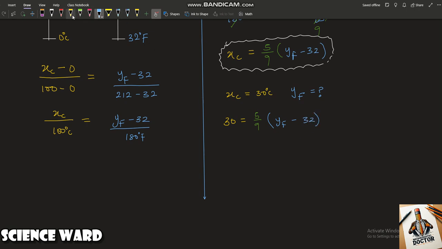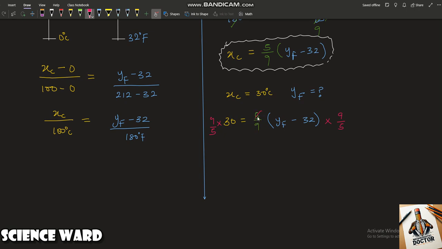From there, I can multiply both sides by 9 over 5, that is, by the inverse of 5 over 9.